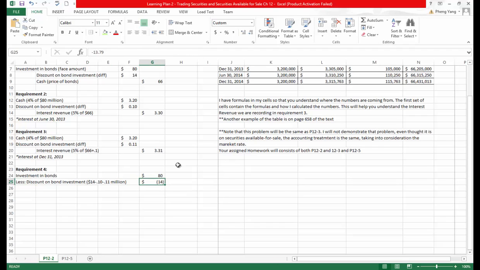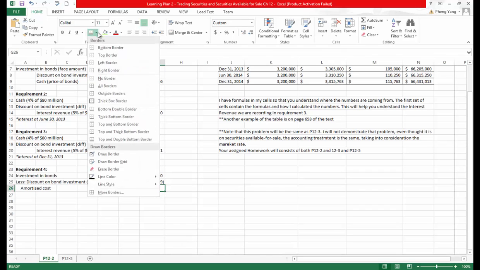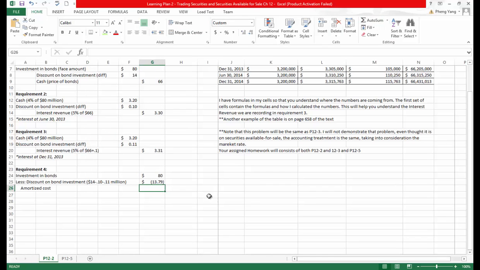Let's put decimals in there again. That should take us to 13.79. I put a negative in there so that it shows the investor that it's a subtraction. Then our amortized cost is 66.21 at that time.